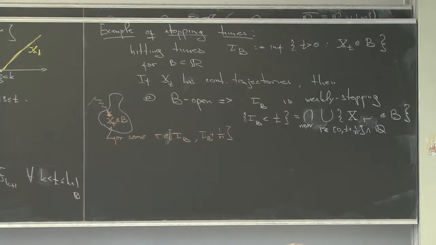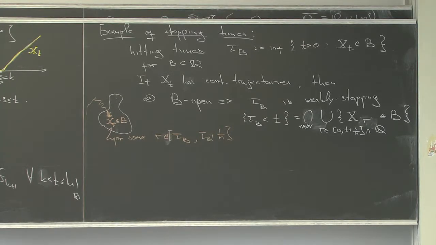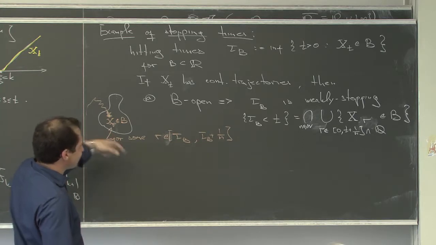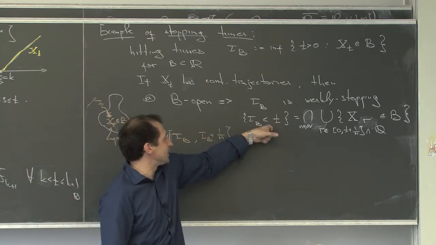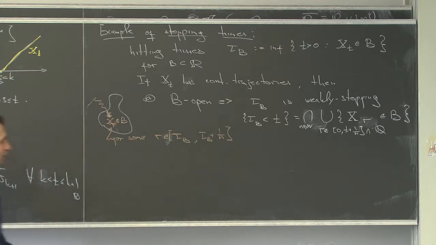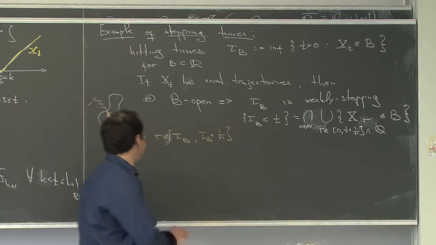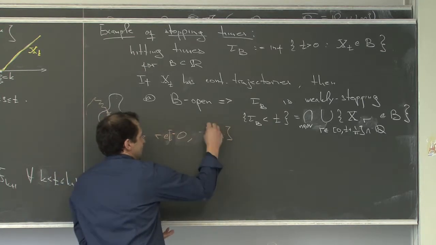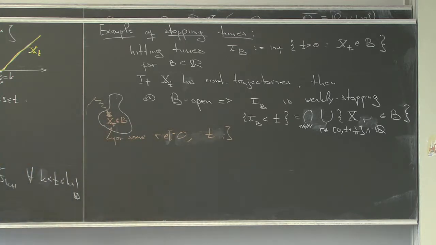What I'm saying, if anybody can correct me. So what is the event that tau B is less than t? It means that I've already reached the set B by the time t, for some r in [0, t]. Okay?